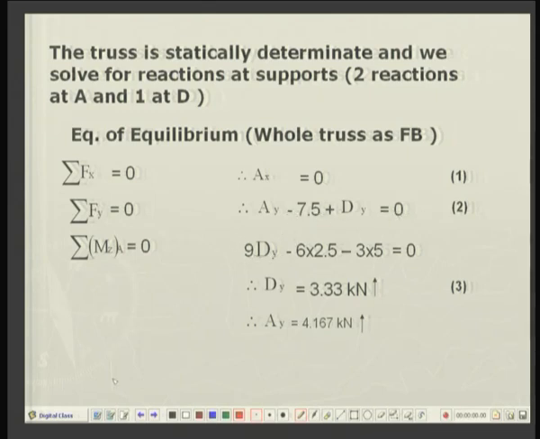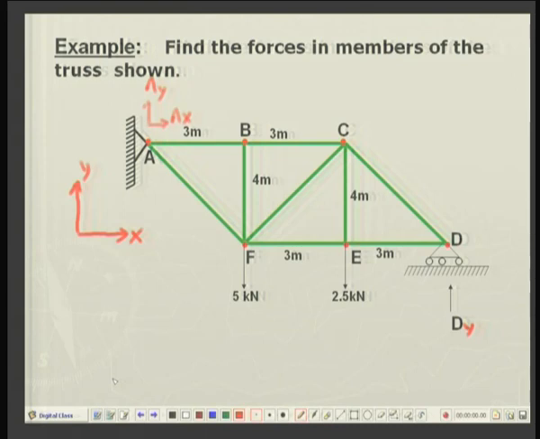Then you take the moments about point A. This whole length is 3 plus 3 plus 3, 9. So, this will be Dy into 9, and that is anti-clockwise, so it is positive, and this will be 2.5 into 6, that will be clockwise.